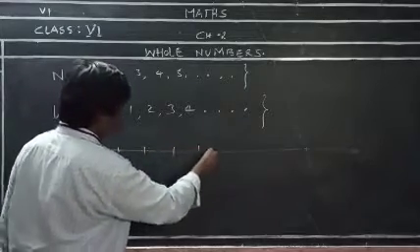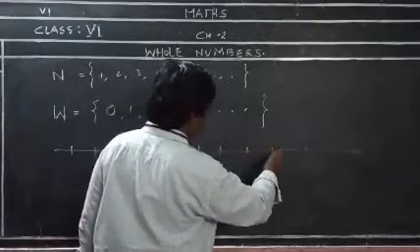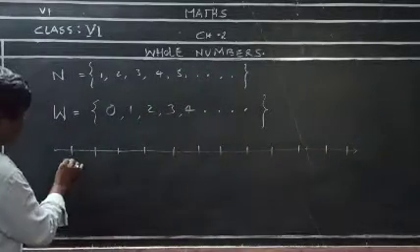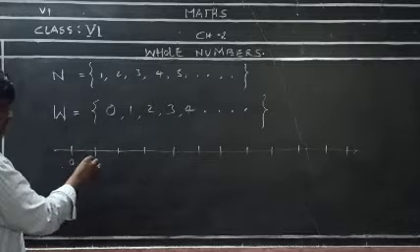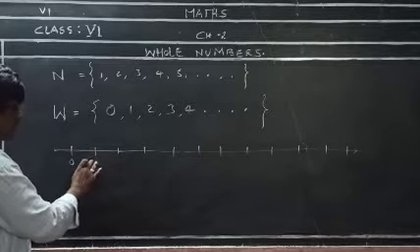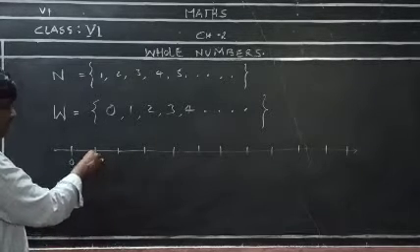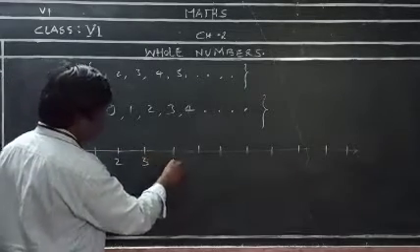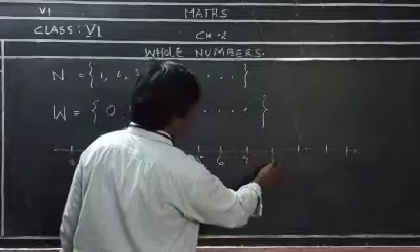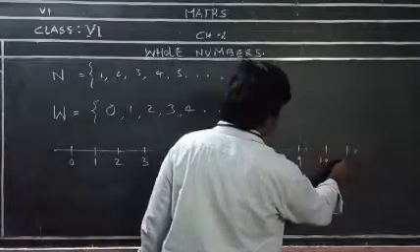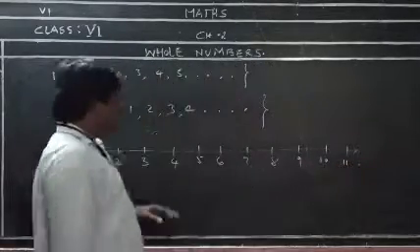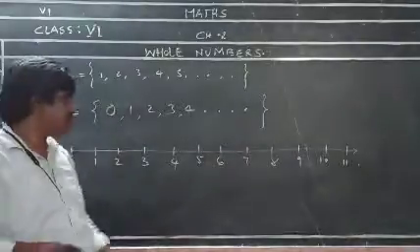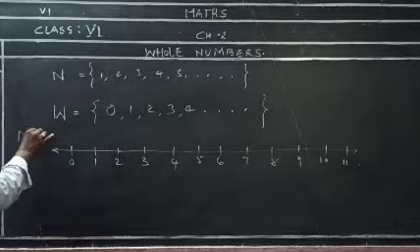If we mark lines at equal intervals and keep 0 as the first number, the next is its successor, by adding 1 we get 1, its successor is 2, then 3, 4, 5, 6, 7, 8, 9, 10, and so on. This representation on a line is considered as a number line.